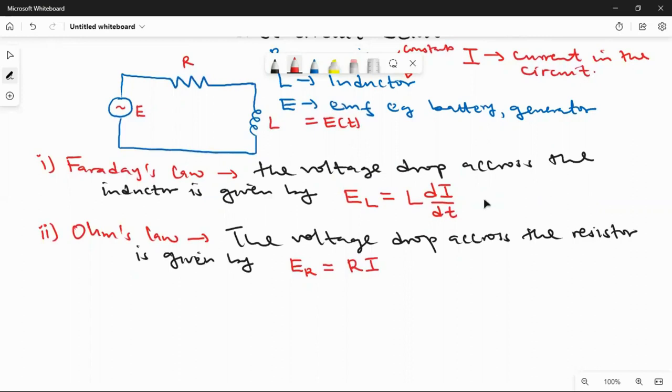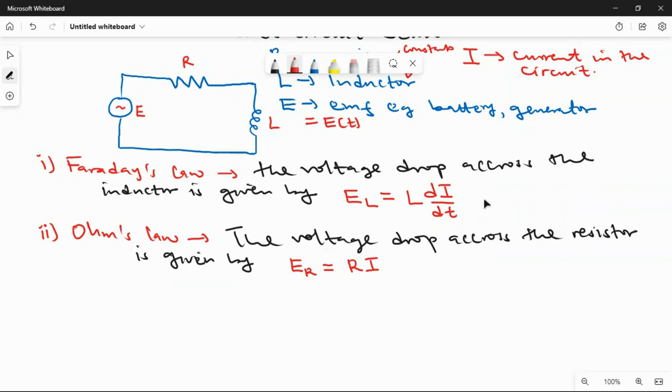Now, we have those two laws governing the voltage drop across resistor and also the inductor. And I will also say that I denotes the current in the RL circuit.